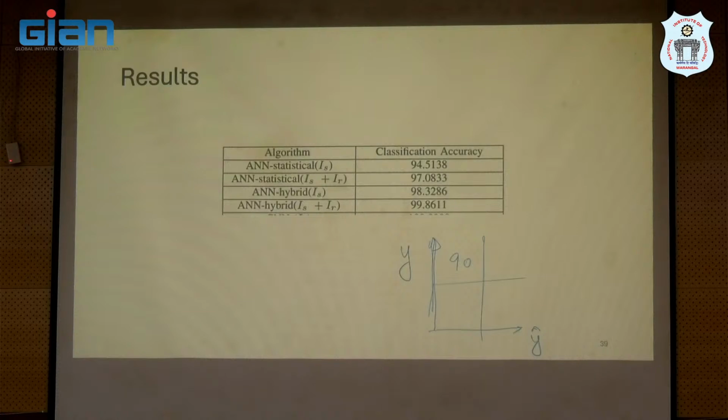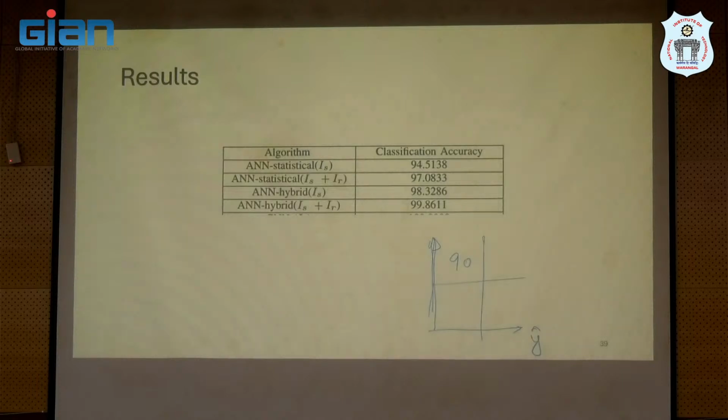This confusion matrix is typically used for understanding how many true positives, false positives, true negatives, and false negatives there are. All those four things can be captured in a binary classification system.